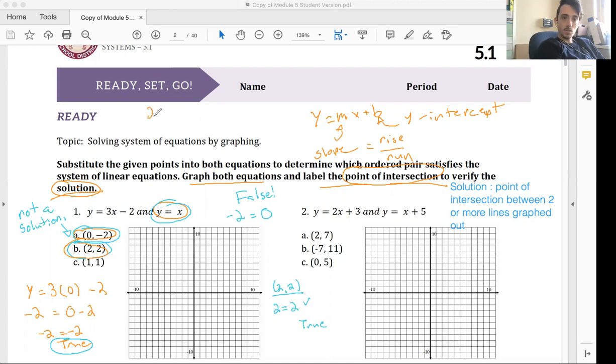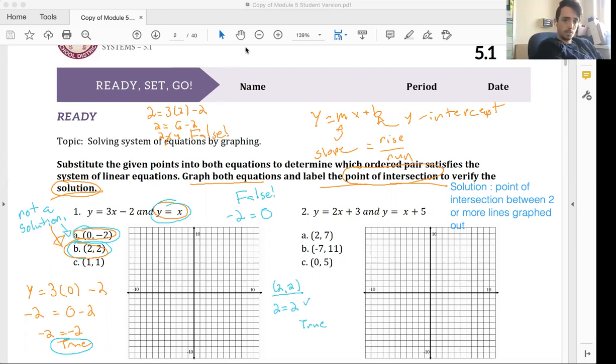So we would get 2 equals 3 times (2 minus 2). 3 times 2 is 6. 6 minus 2 should be equal to 2, but I don't know. Does 2 equal 4? Doesn't. So this is false. So this is also not a solution.